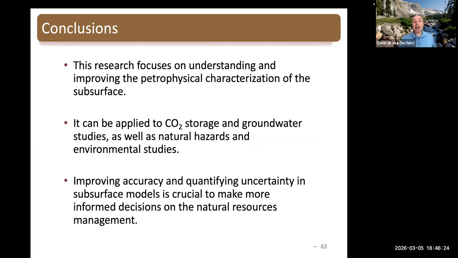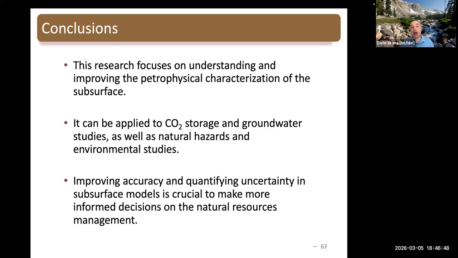So the idea here is that I show you different examples where you can apply geophysical inverse problems. My research focuses on understanding the petrophysical behavior of the subsurface, either for deep reservoirs of oil and gas or CO2 sequestration, or shallow critical near surface layers.